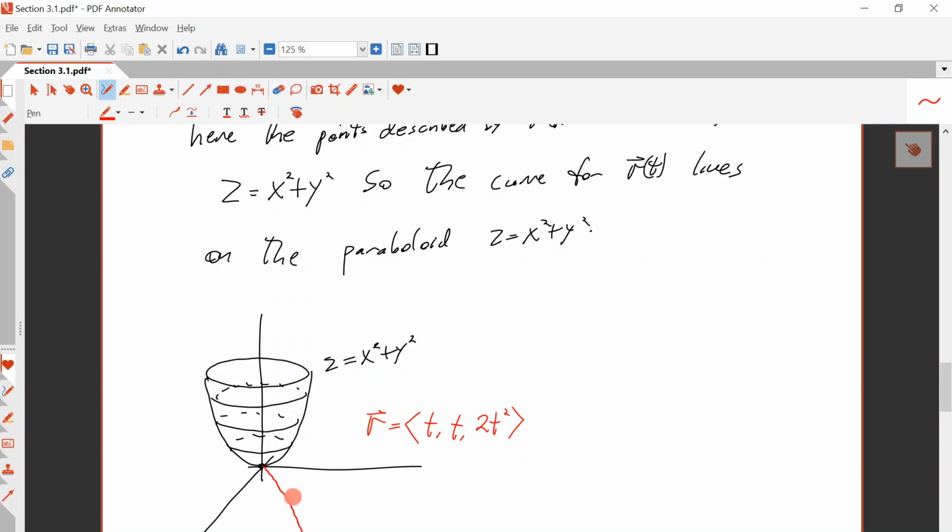The points that satisfy x equal to t, y equal to t, that's just along the line x equals y equals t. That's these points here. Then if we add in the z-coordinate, it just lifts this up to the paraboloid, and that's what we get. For increasing values of t, we're going up the paraboloid like this.